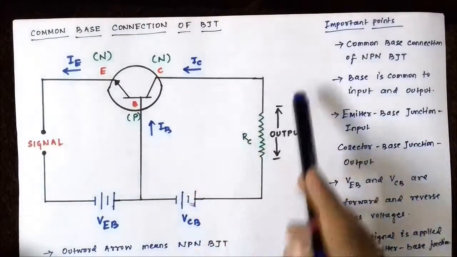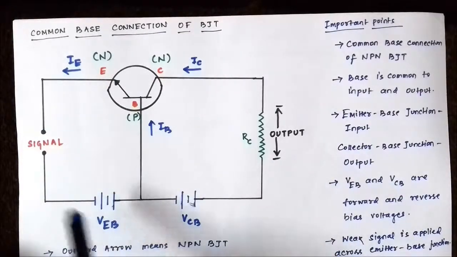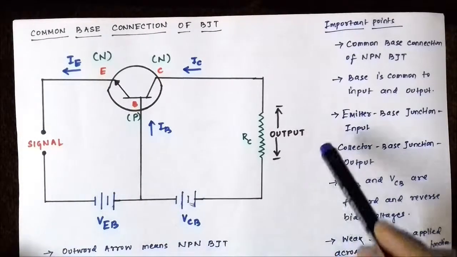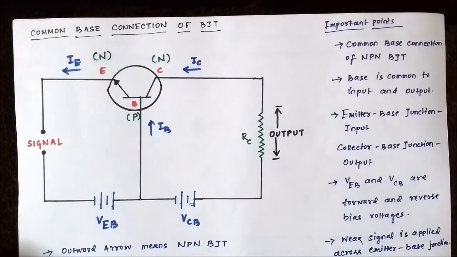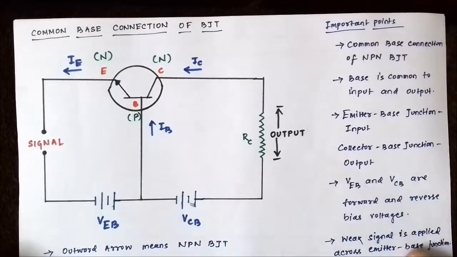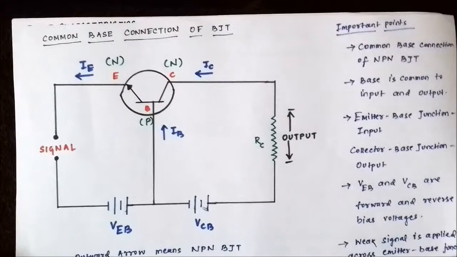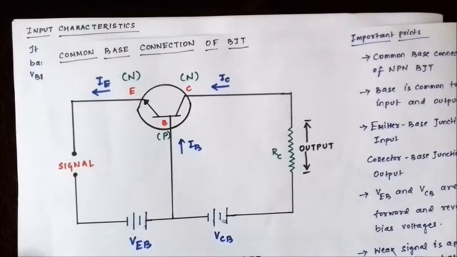This is the output terminal, this is the input terminal. The input signal is applied here, the output is taken across this collector resistance here. So here we are clear about the input current and the input voltage, the output current and the output voltage. So now we can plot the VI characteristics.